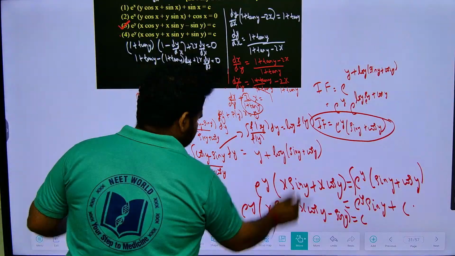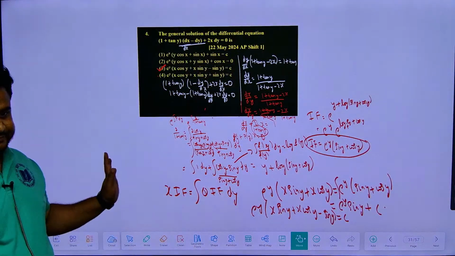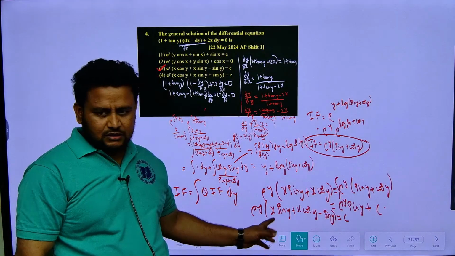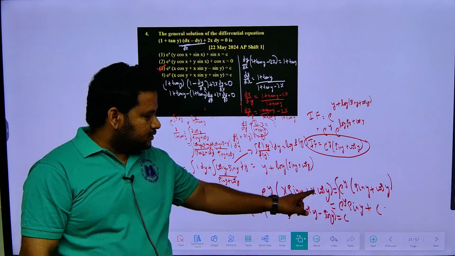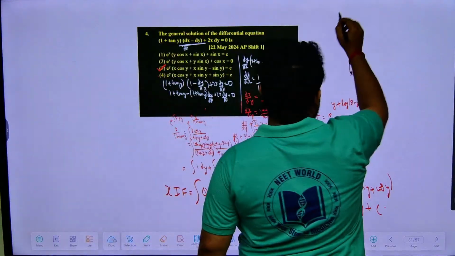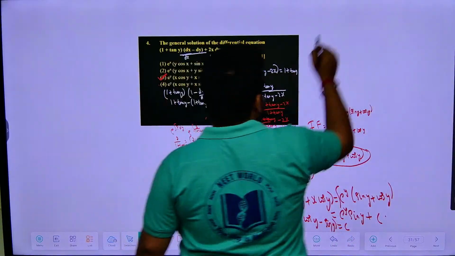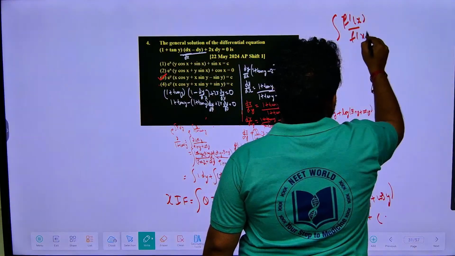Understood everyone how to solve this? Here there is no shortcut, you have to solve it. Here we used two properties. First, the integral of f dash of x by f of x is log f of x.